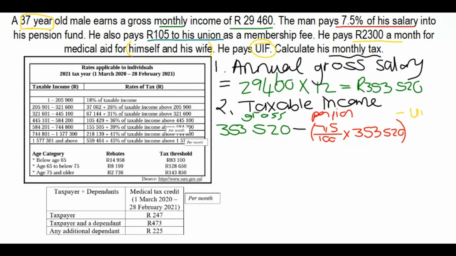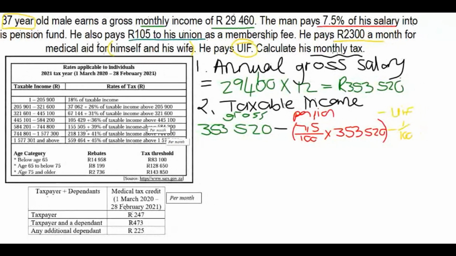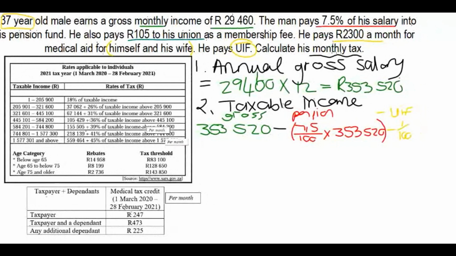So minus UIF, which is 1%, 1 over 100, times that 353,520 amount. Okay, and when you work this out, you get a final amount of 323,470.80.